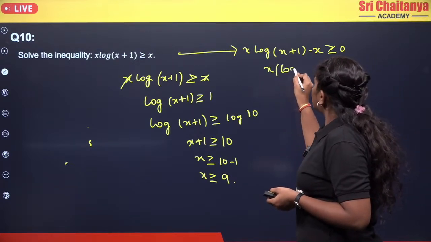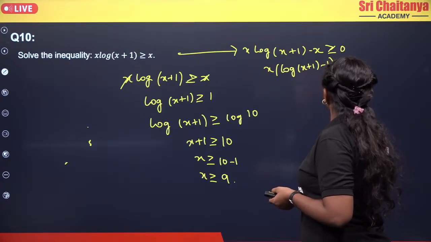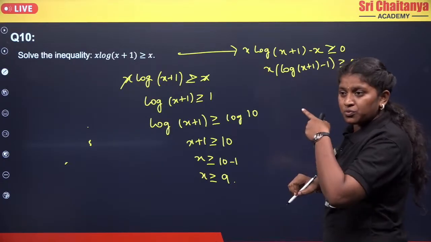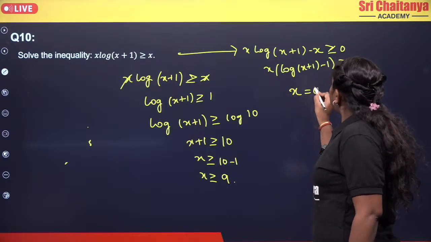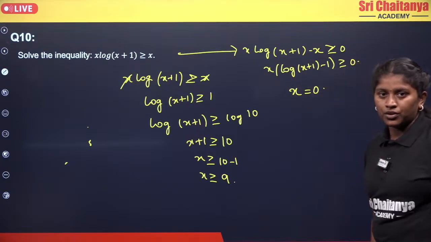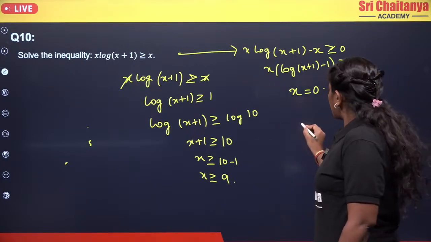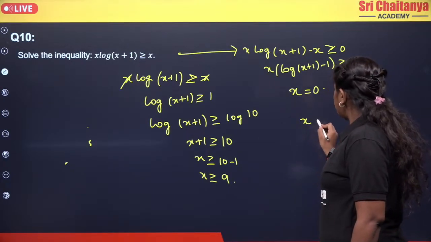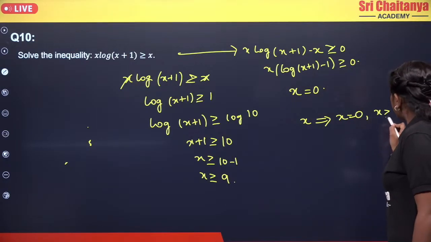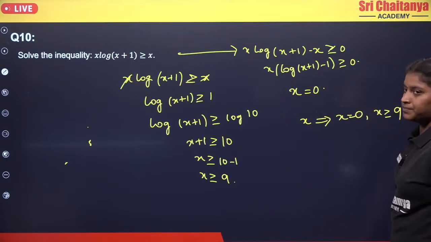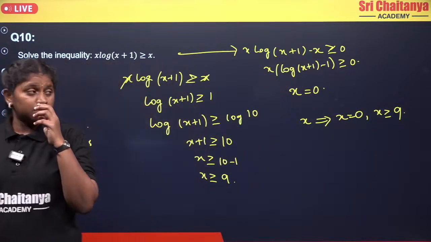So from there I will get log of x plus 1 minus 1 greater than or equal to 0. So one condition will become x equals 0. Okay, so now what are the possible values for x? So x equals 0 or x is greater than or equal to 9. Understood? So this is how we are going to solve the logarithms.